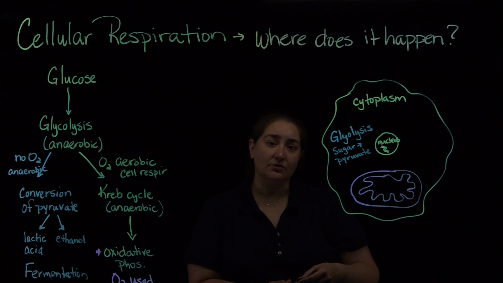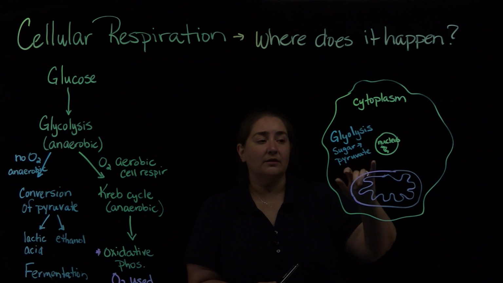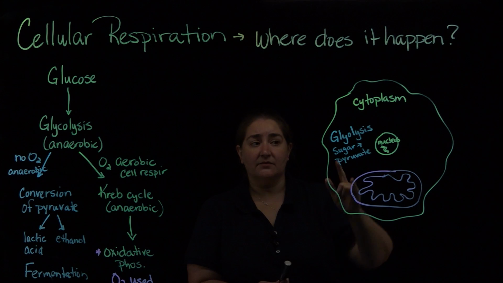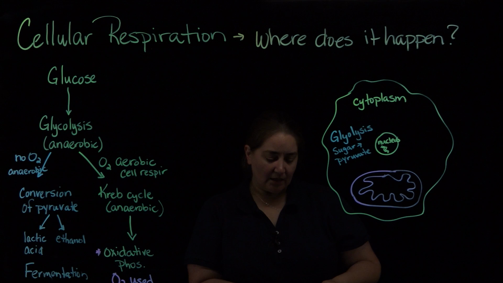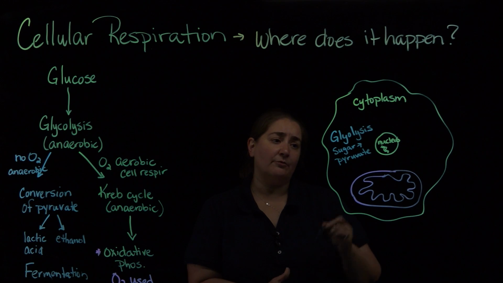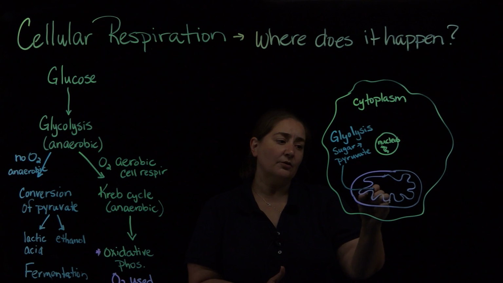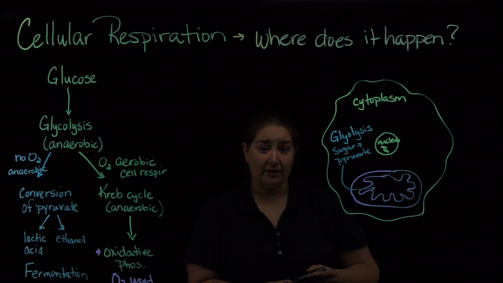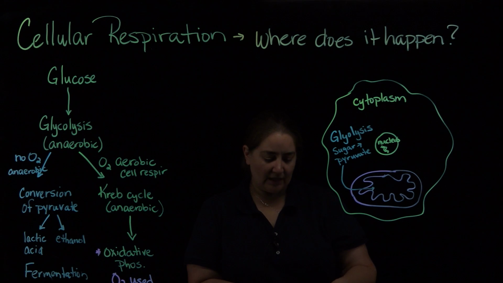I tend to use those interchangeably, although technically, chemically, they're not the same. Don't worry about it. Pyruvate or pyruvic acid is fine. That pyruvate or pyruvic acid moves into the mitochondria.